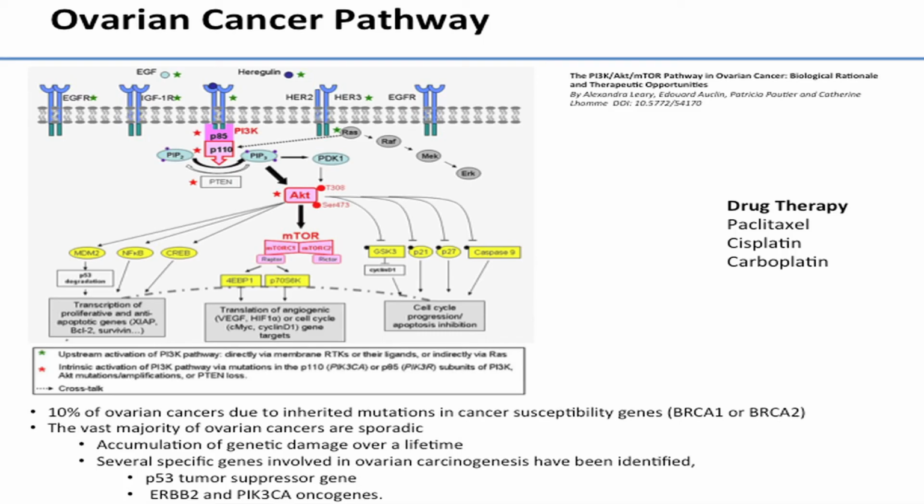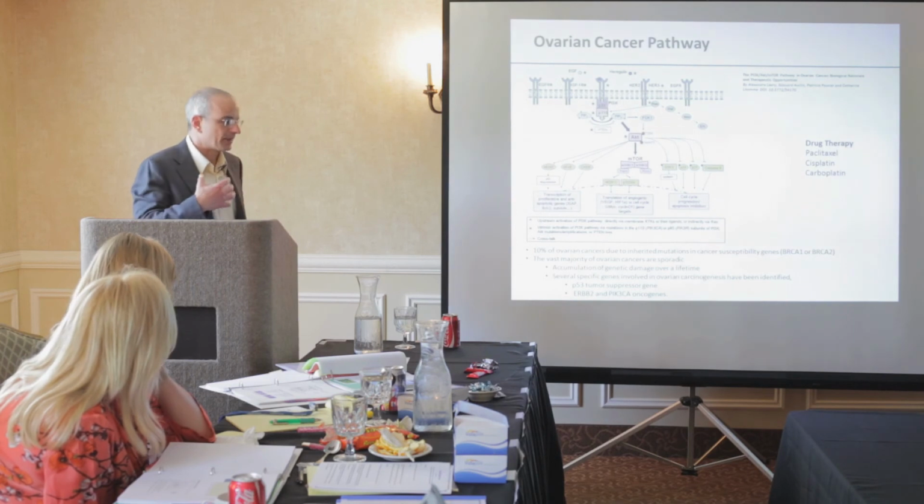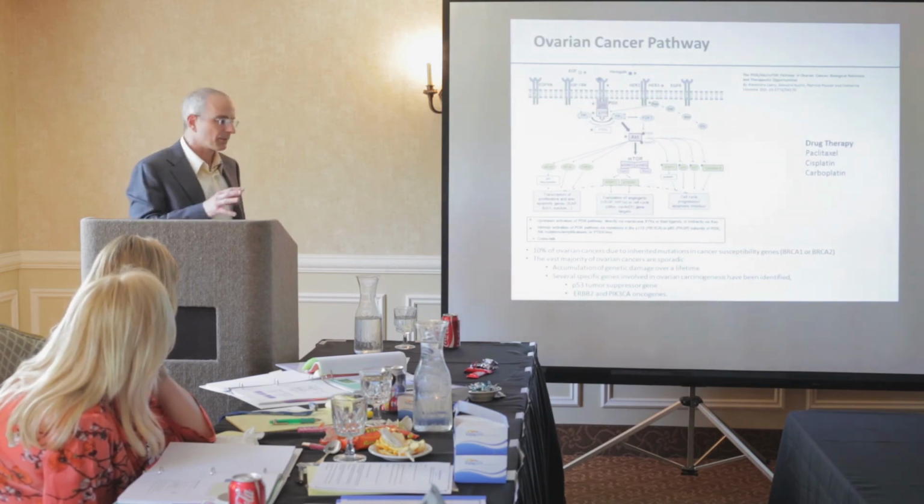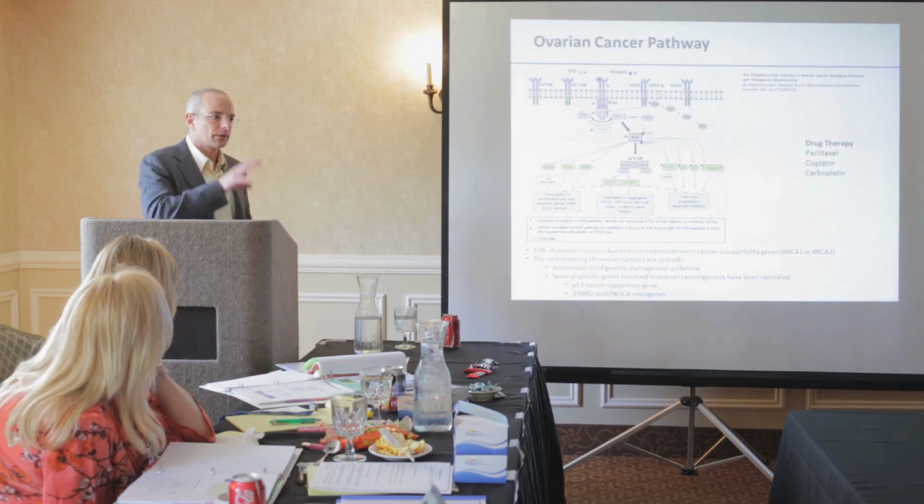So, as you see what I've written down here, 10% of ovarian cancers are due to BRCA1 and 2, and you've heard about BRCA1. It's not only about breast cancer, it's also for ovarian cancer, so it can help define whether you have inherited cancer. That's an inheritance one, and it only represents about 5 to 10% of breast cancer. The rest are just mutations that have occurred due to whatever reason.